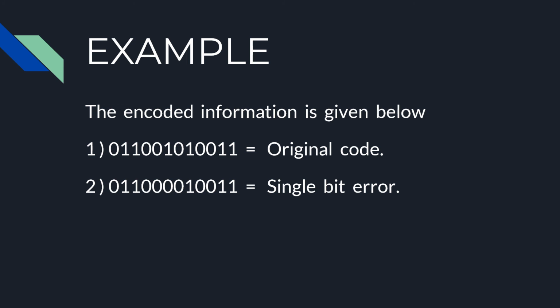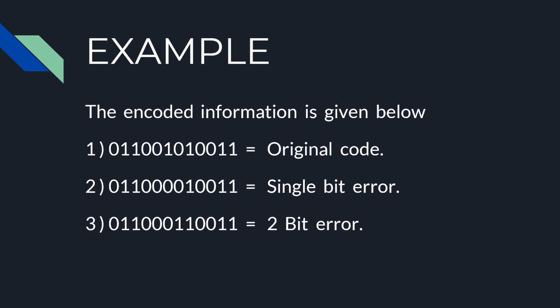The important point is that parity won't help us if there's an even number of bit errors. Double bit errors or 4 bit errors, etc., where a corrupted code word would have an even number of 1 bits, and hence appears to be proper, but actually it's not. Look into the third example. There are 2 bit errors, as 1 is changing to 0 and 0 is changing to 1 here.